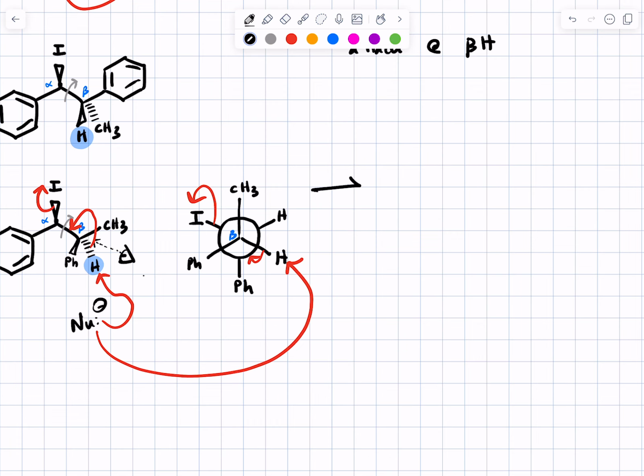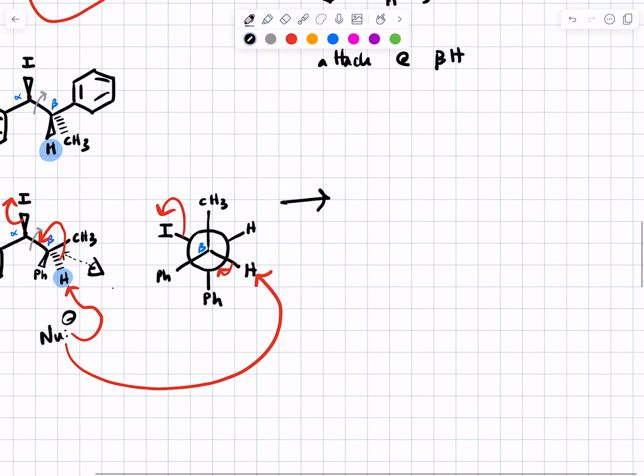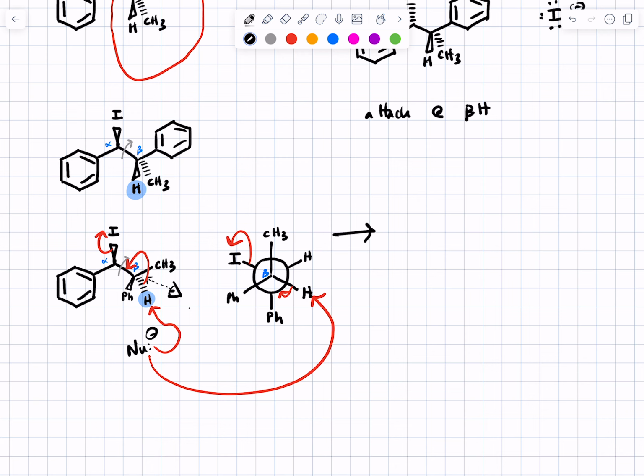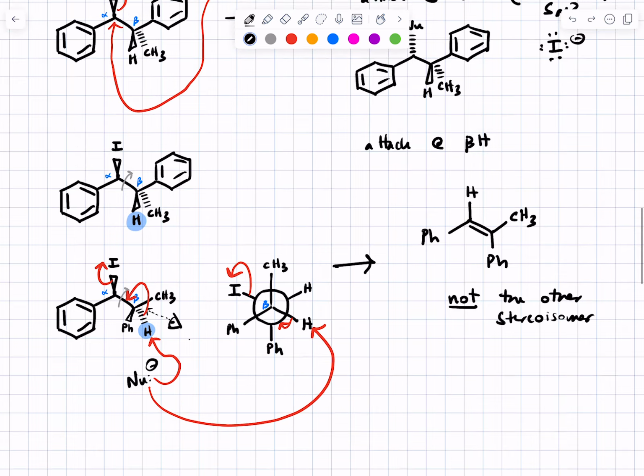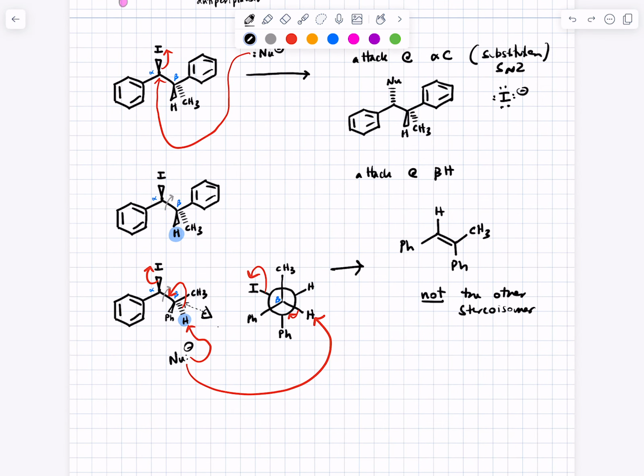So the product from this elimination reaction is the one that has the two benzene rings cis to each other. Okay? Notably, not the other stereoisomer. This is what I meant when I said that the E2 reaction has stereochemical requirements.